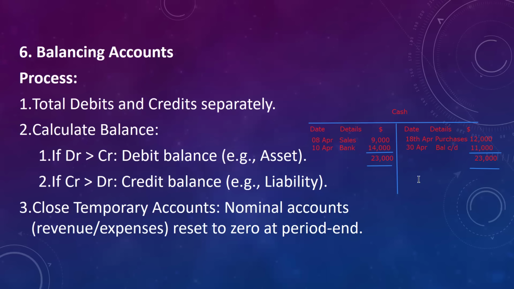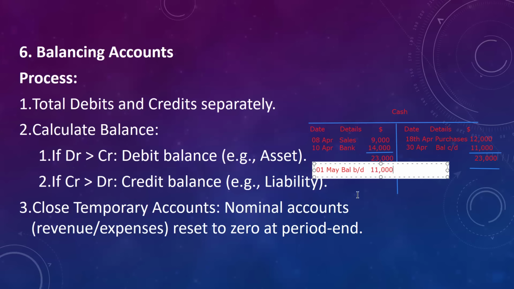On the first of the following month, so that was the end of April, the next month is May. On the opposite side of the balance carry down, after my totals, I'm going to put the 1st of May. The details will be balance brought down or balance brought forward. I'm going to write BAL, B/D for short, and the amount will be the same as the balance carry down, 11,000.